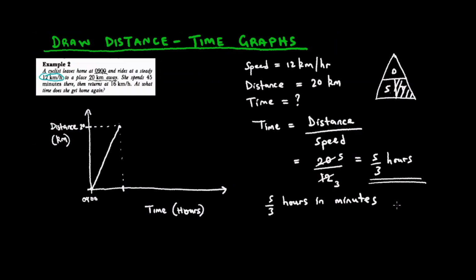How do we know that? Remember yesterday we introduced the chain method, minutes and hours, with 60 in between. We want to go from hours to minutes. If we have 1 hour, we know that 1 hour is 60 minutes, so we multiply by 60. This means from hours to minutes we multiply by 60.